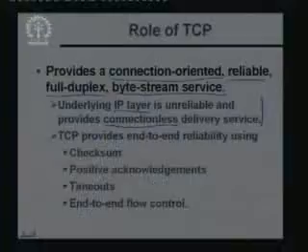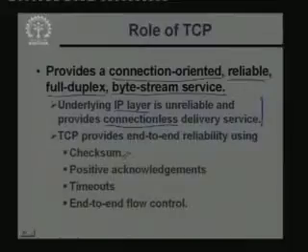It does so by explicitly maintaining a few things. First, a checksum to check whether a packet, or whether a TCP message, is correct or not; positive acknowledgements to send back information to the sender that all the data messages have been received correctly or some have not been received; timeouts, if acknowledgements do not come within a certain time, then the data is sent again, is retransmitted; and flow control.